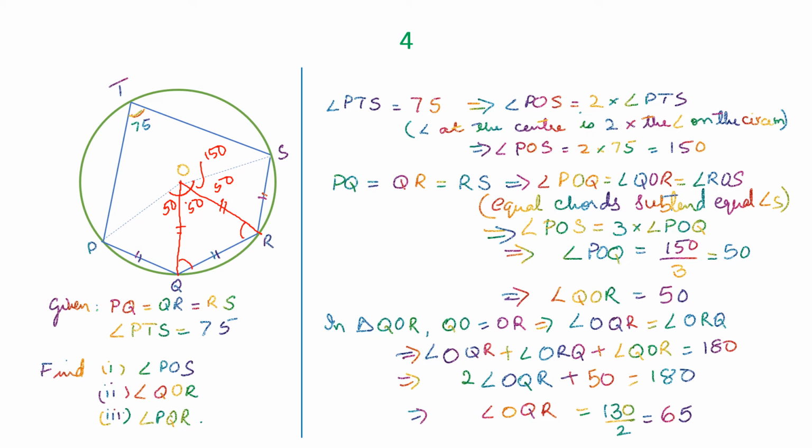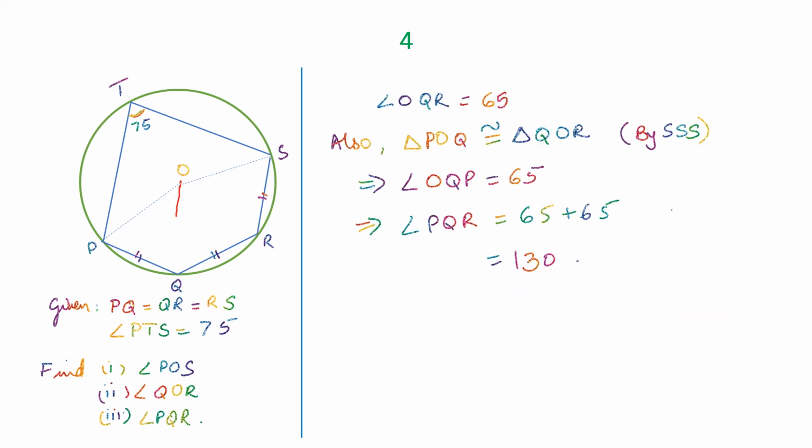In triangle OQR, the sum of all these angles is equal to 180, out of which one is 50 and two are equal. Therefore, angle OQR, this angle and this angle, are going to be 180 minus 50 divided by 2, which is equal to 65. So this is 65 and this is 65.